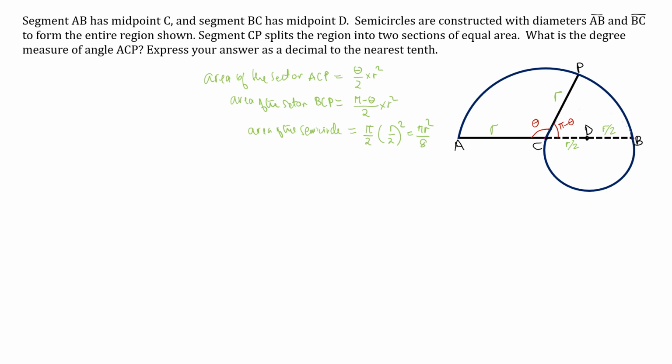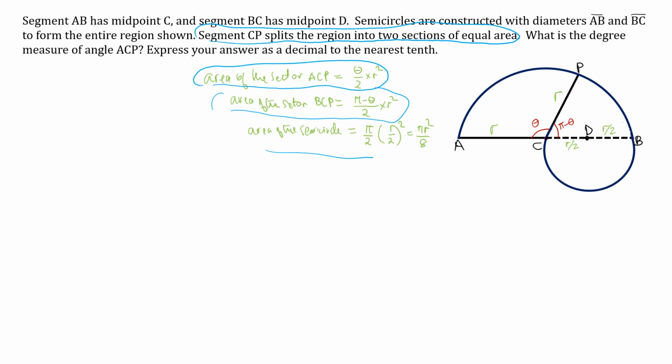I'm going to next equate these, because it says that segment CP splits the regions into two sections of equal area. So that would mean the area of the sector ACP equals the area of the sector BCP plus the semicircle.